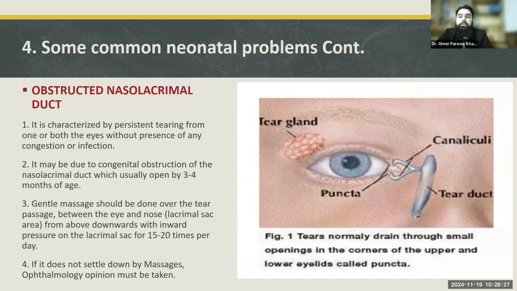One puncta is on the superior eyelid, and one puncta is on the inferior eyelid. These puncta then open into canaliculi. These canaliculi are two in number, one from the superior eyelid and one from the inferior eyelid, and then they join afterwards and drain into the tear duct.